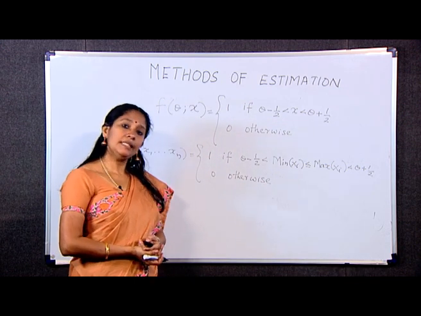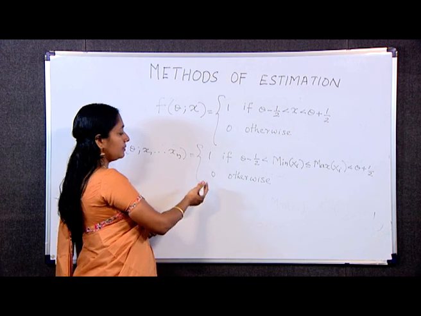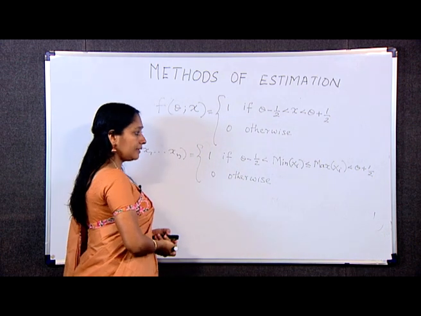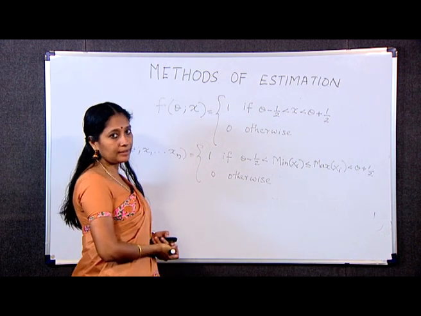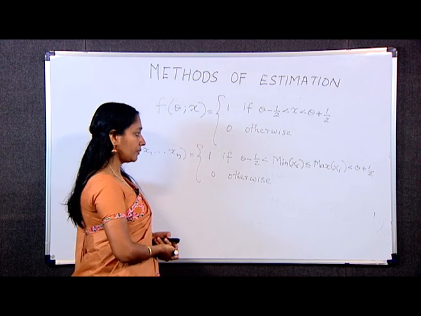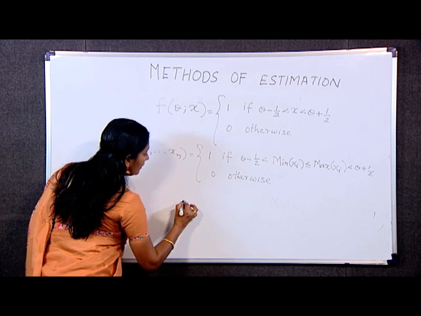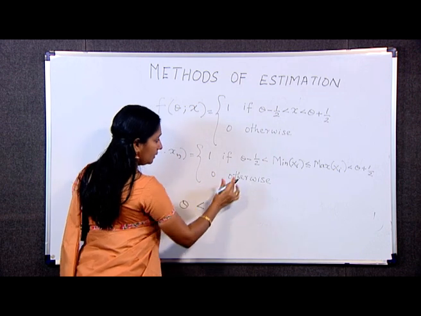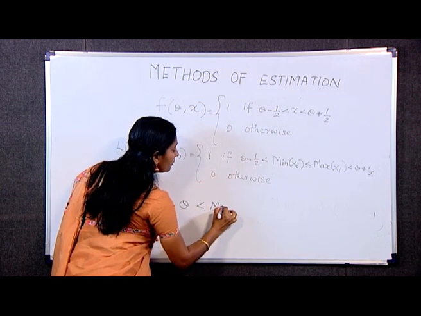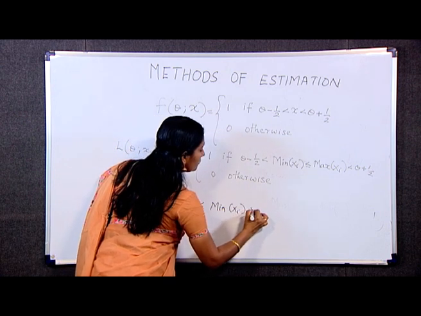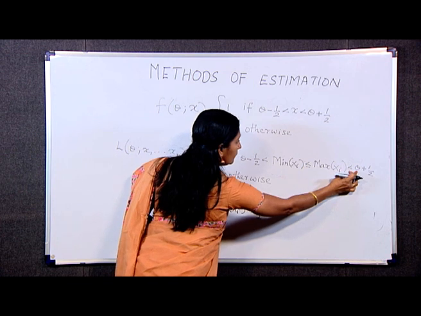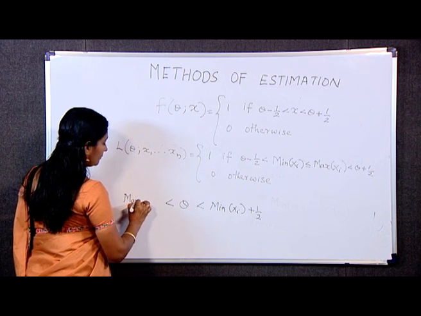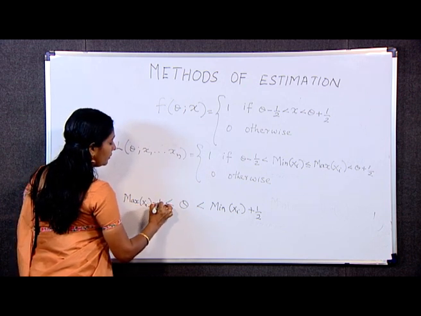The likelihood function is maximum, that means it takes the value 1, if theta minus 1 by 2 less than minimum of xi less than or equal to maximum of xi less than theta plus 1 by 2. Therefore, from the left hand side of this inequality, theta is less than minimum of xi plus 1 by 2, and from here we have theta is greater than maximum of xi minus 1 by 2.